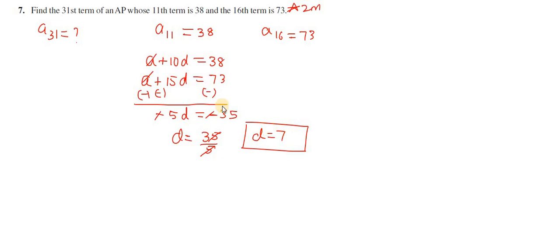Okay. So now here we can find the A value also. You can substitute this D value in either equation 1 or equation 2. This is equation 1 and this is equation 2. I'm substituting in the first equation.